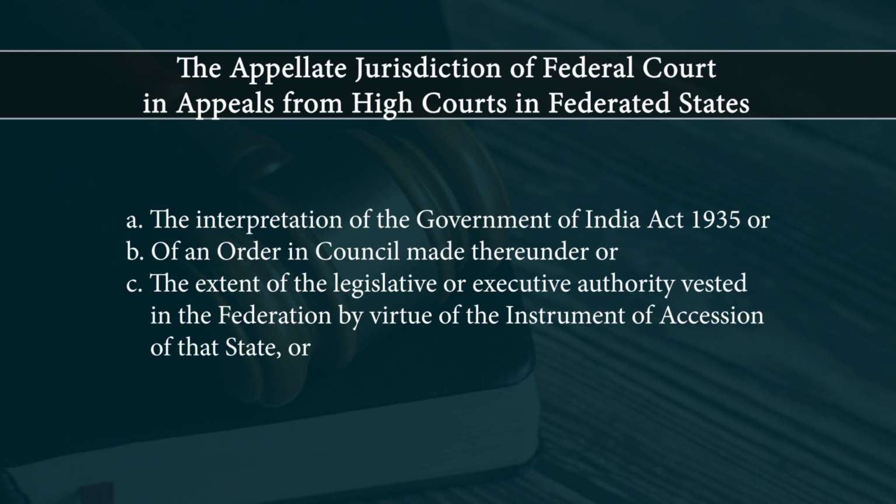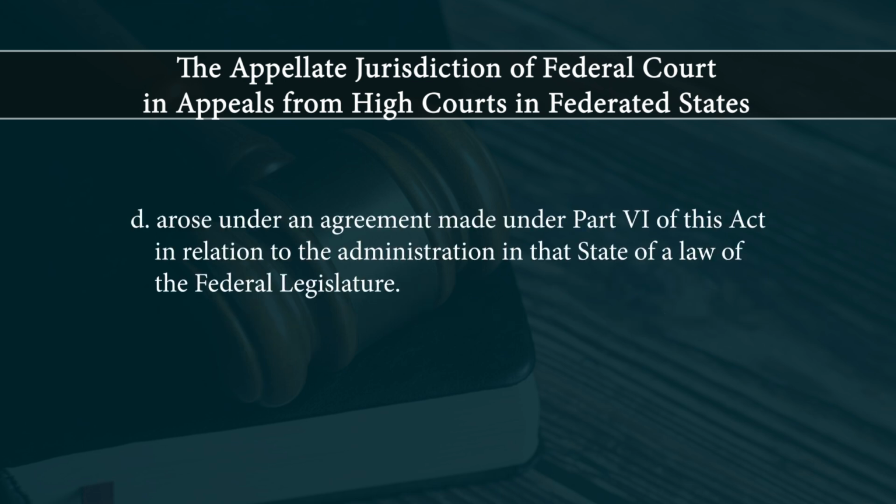An appeal lay to the Federal Court from a High Court in a federated state on the ground that a question of law had been wrongly decided, being a question which concerns, number one, the interpretation of the Government of India Act 1935 or of an order in council made thereunder, or the extent of the legislative or executive authority vested in the Federation by virtue of the instrument of accession of that state, or arose under an agreement made under Part 6 of this Act in relation to the administration in that state of a law of the federal legislature.